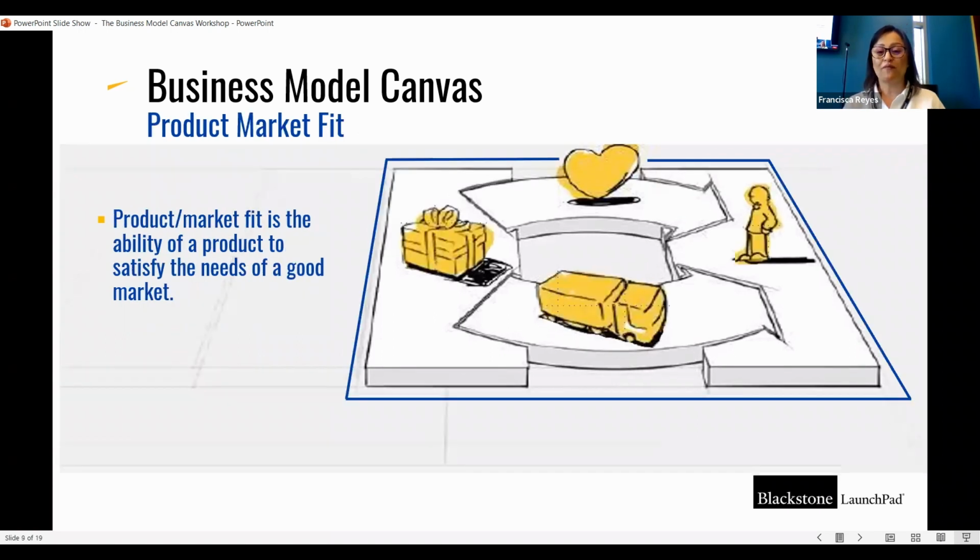Now, when we're talking about these 4 blocks, we call this side of the business model canvas the product market fit. Basically we're saying all these 4 elements can help me see if this product has the ability to satisfy the needs of the market, and if I am actually providing a good solution to the problem, a good pain reliever, or satisfying all the needs that they have.